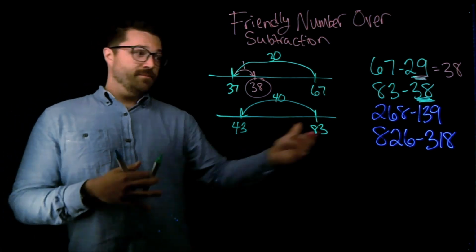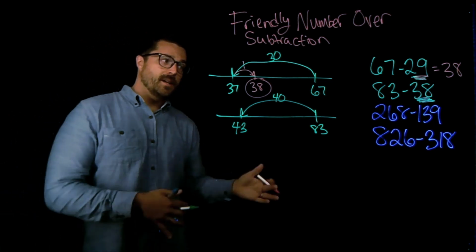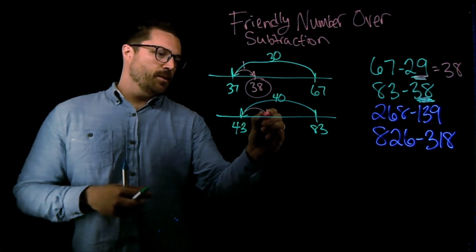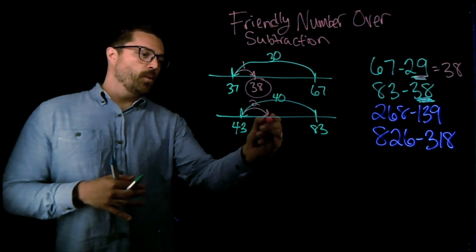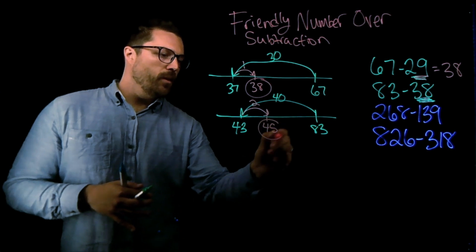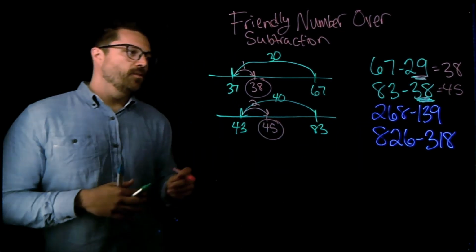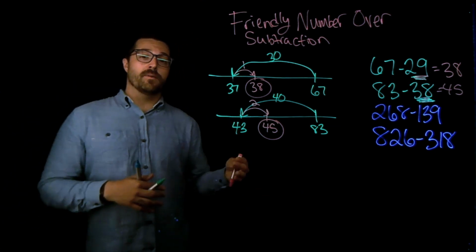But then we ask that same question again: how much too much did I take away? I took away too much, so in this case, I'm going to go back to the right 2. I'm going to add 2 to 43. That gives me 45, which means our difference is 45. So again, the idea here is we find a more friendly number to take away.